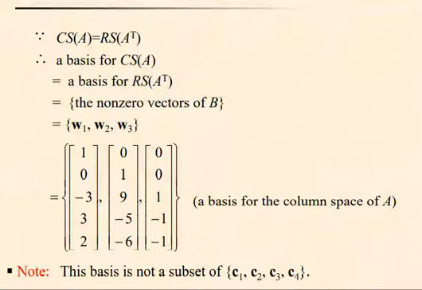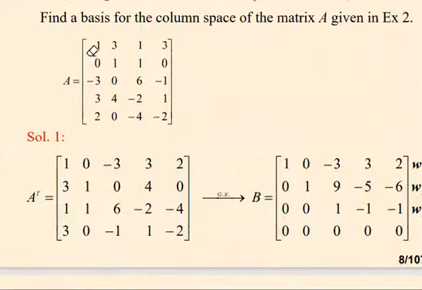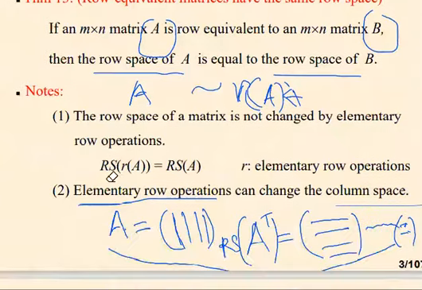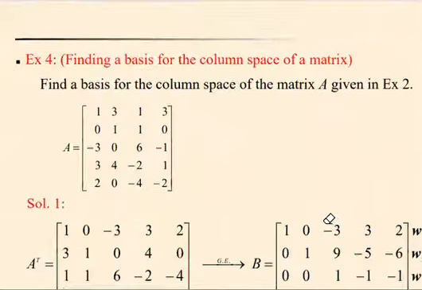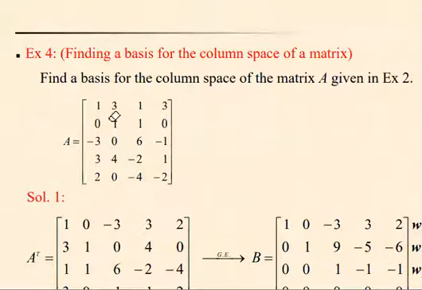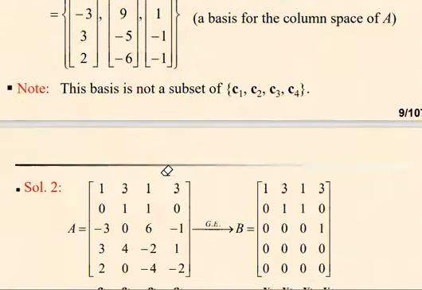But here note that this basis is not a subset of column 1, column 2, column 3, column 4. Why? Because when you do row operations, this is not a subset of C1 and C2. So if you want to find a subset of C1, C2, C3, and C4, what would you do?